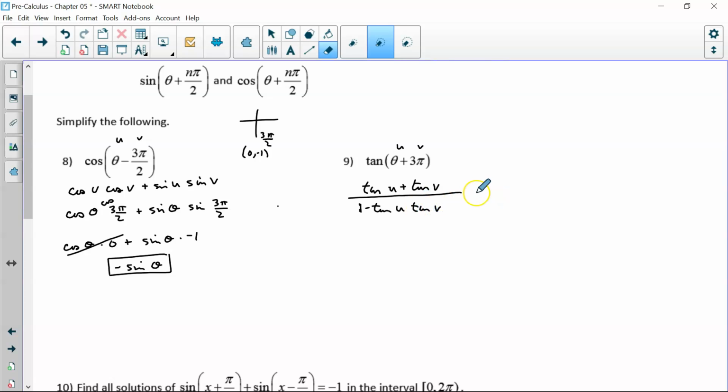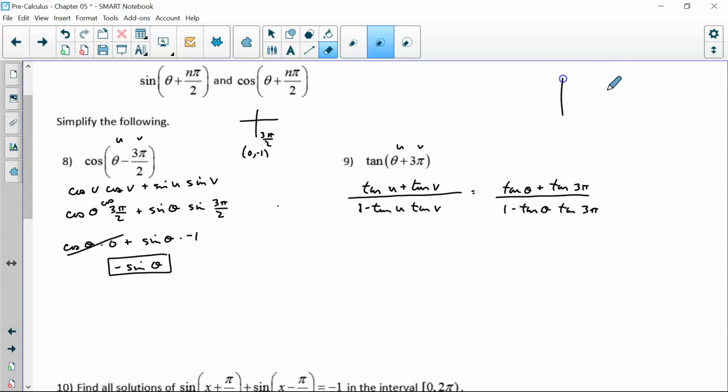So now what we have is the tangent of u, which is theta. So tangent theta plus the tangent of v, the tangent of 3 pi, over 1 minus the tangent of u, which is the tangent of theta, times the tangent of 3 pi.